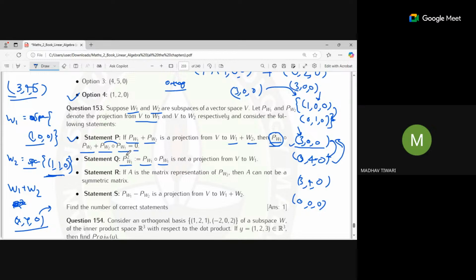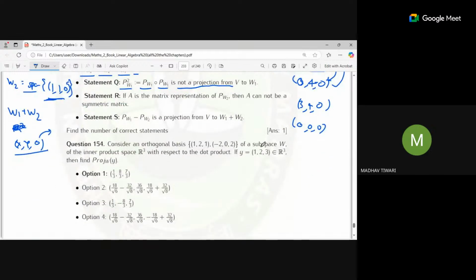So it is saying that projection square is not a projection, but it is actually a projection of this vector on this one because this vector is matching with this. Clearly, I have a vector 3, 4, 5, and I find its projection on W1. So I got 3, 0, 0.